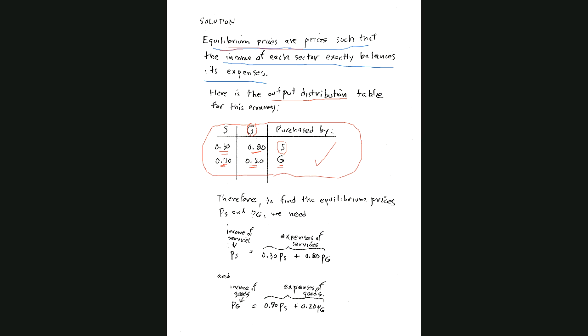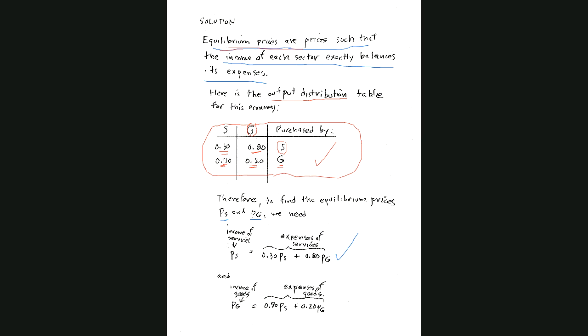Well, to find the equilibrium prices, which we'll denote by P sub G, price for the goods, and P sub S, price for the services, the first equation, based on our distribution table, is going to be this one right here.